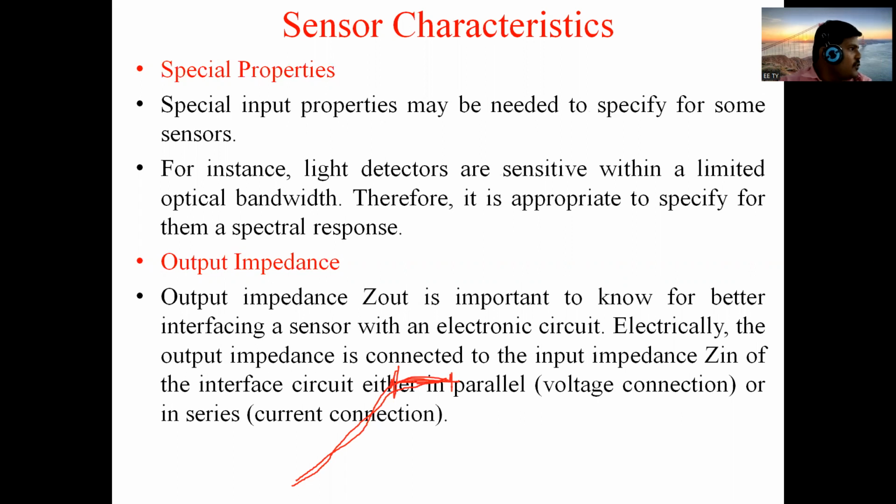So this is a specific property of that sensor. If the light ray or incident ray falls on that sensor, then it will be sensed. It is one specific property. If temperature comes in front of that sensor, whether it will be sensed depends upon the specific input property, right? So light detectors are sensitive within a limited optical bandwidth, right?